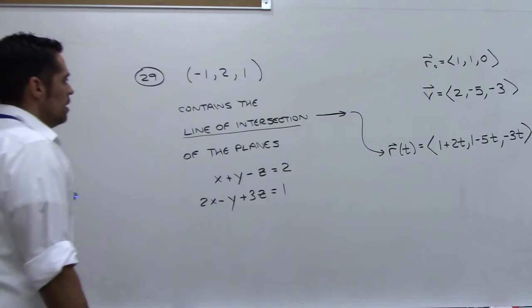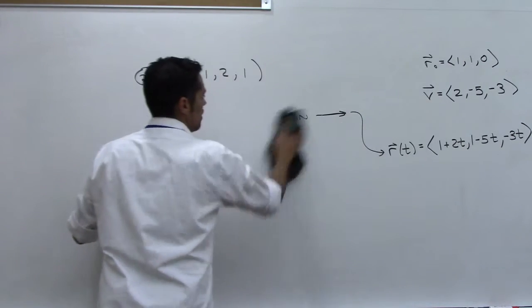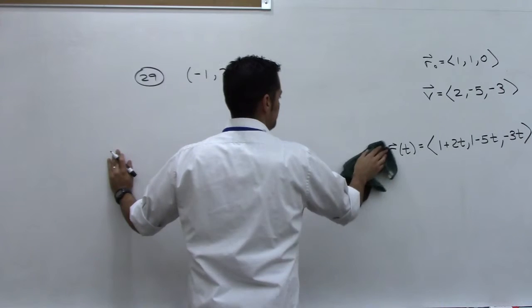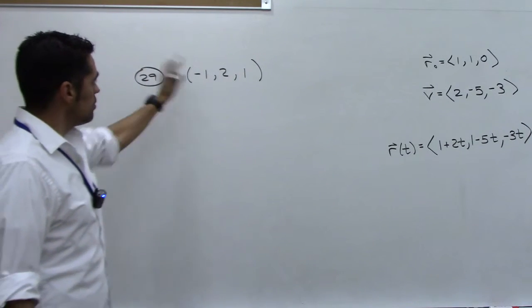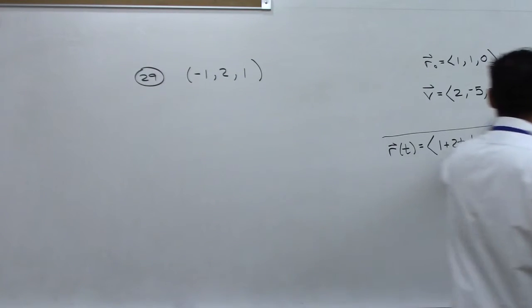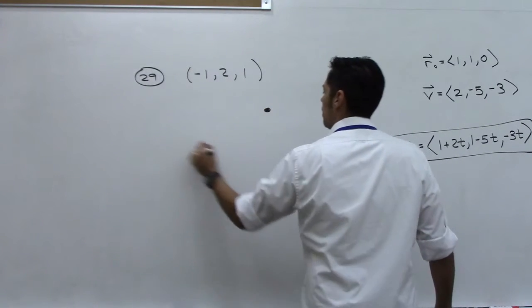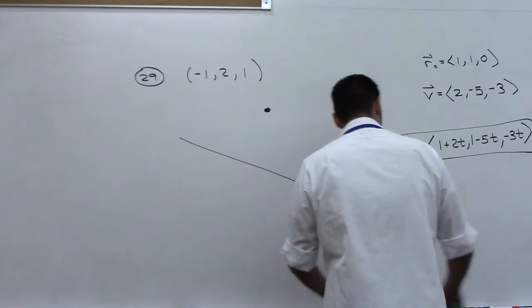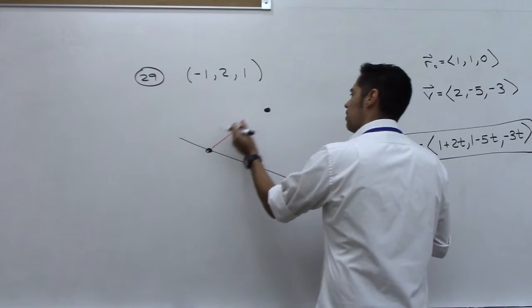All right, so what we can do is start this whole problem over. We can say, find the equation of the plane that goes through that point and contains this line. And now we just do what we did previously. We have a point, we have a line, we find a point on this line, we create a vector that goes from here to here.